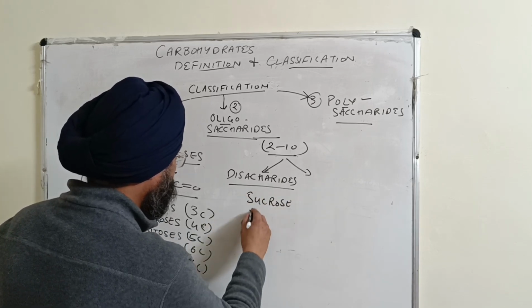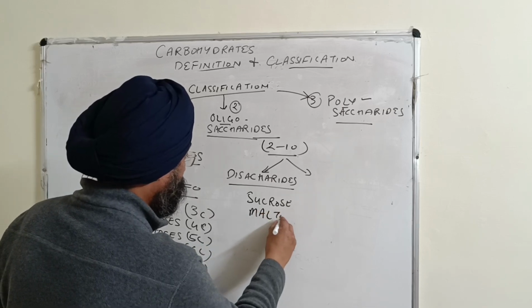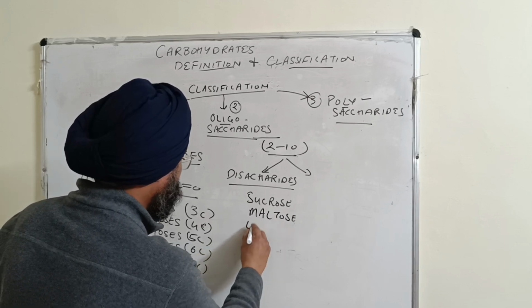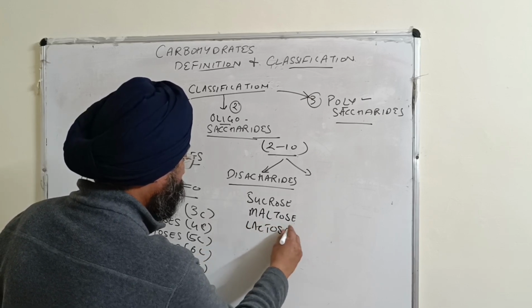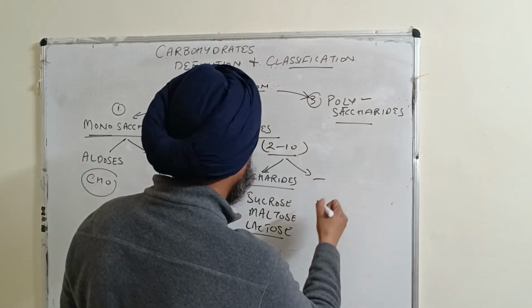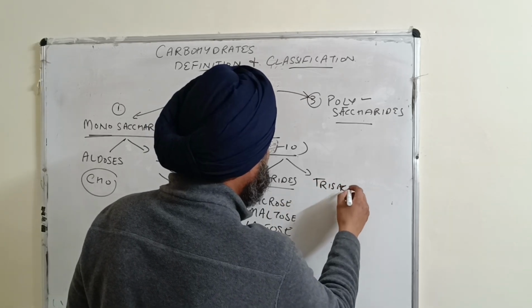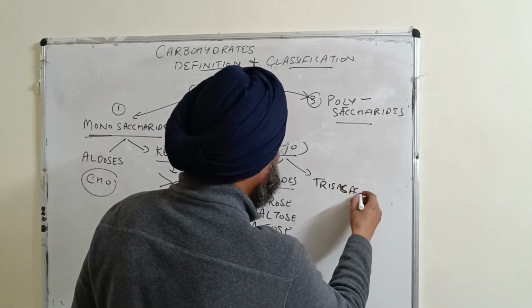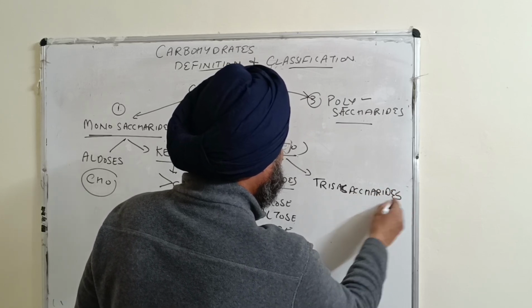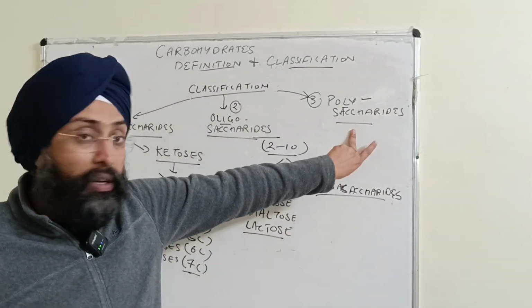Then we have maltose, and we also have our lactose, that is our milk sugar, right? And further they can also be categorized as trisaccharides, and so on, right?